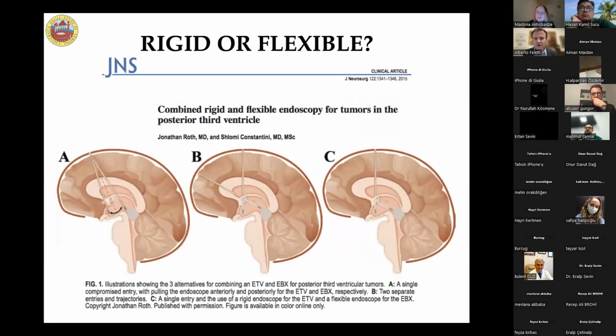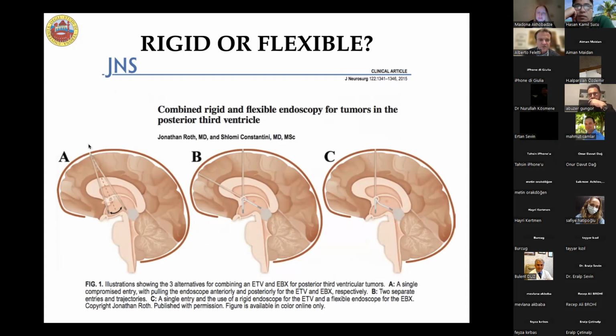If you have to work in the posterior third of the third ventricle and want to use a rigid scope, you can use two burr holes, one for working in the anterior part, and another one more anteriorly placed to take a biopsy of a tumor in this area, for example.